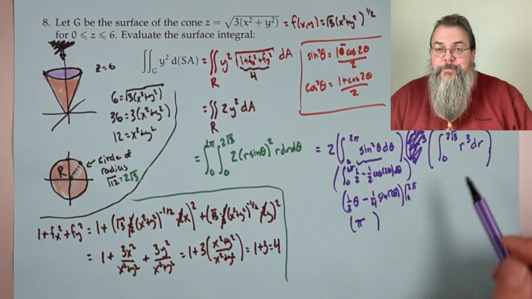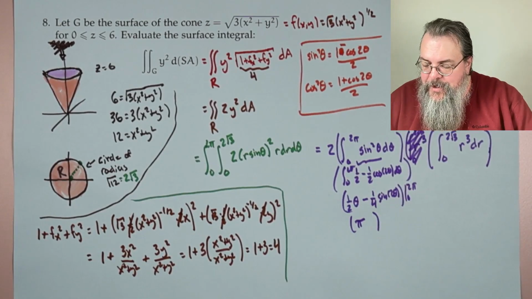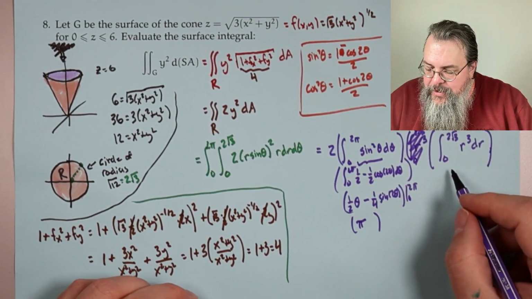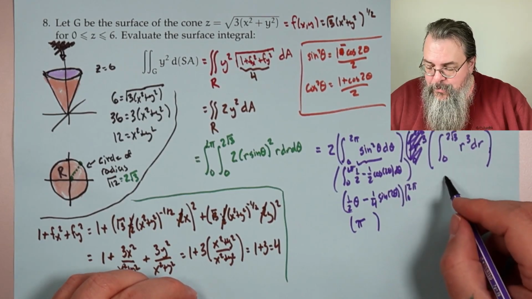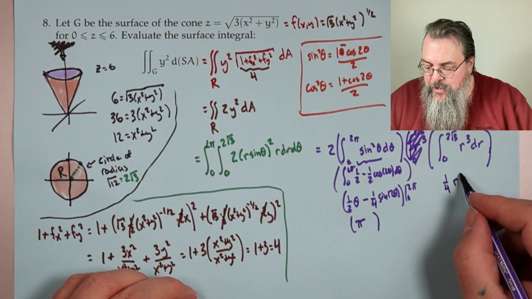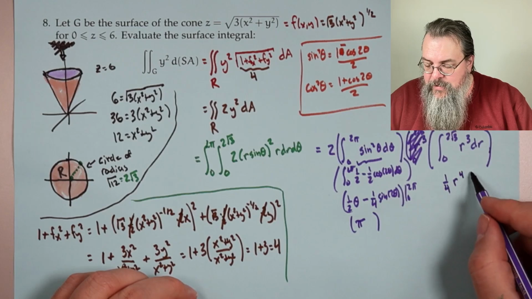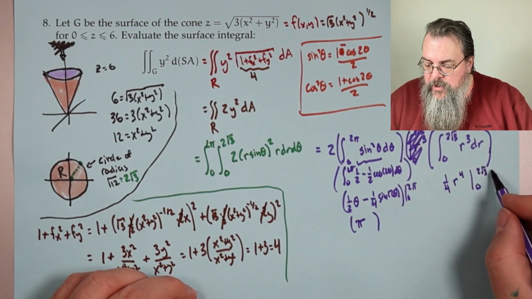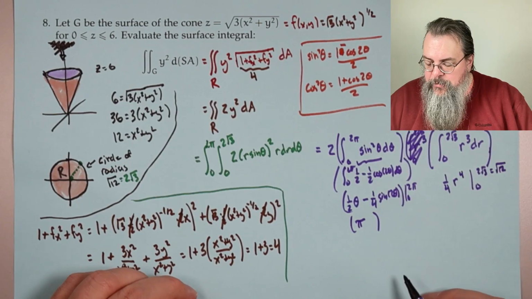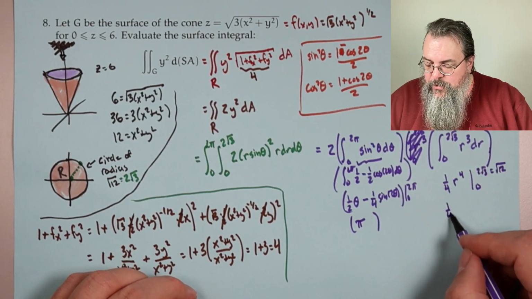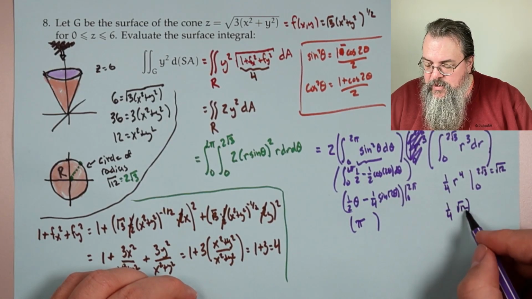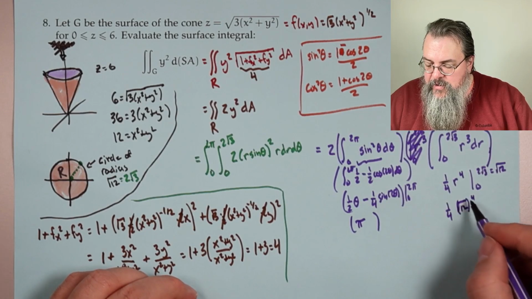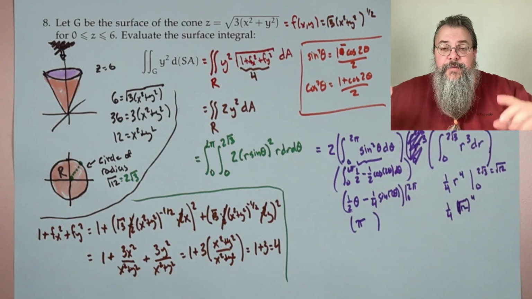What about this integral? Well, we have to do this one. So we integrate r cubed, 1/4 r to the 4th. And then we're going to evaluate from 0 to 2 root 3. Well, now I feel like I want to put root 12 back in. So this is 1/4 times root 12 to the 4th. I might say, that sounds complicated. But build up to it.